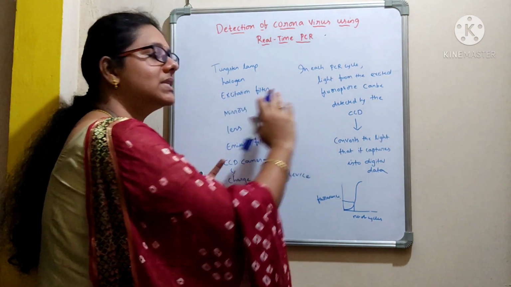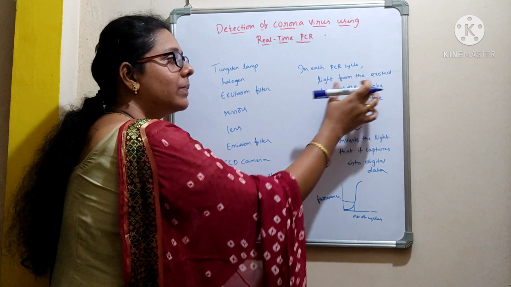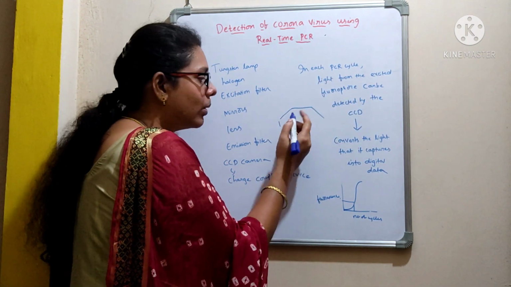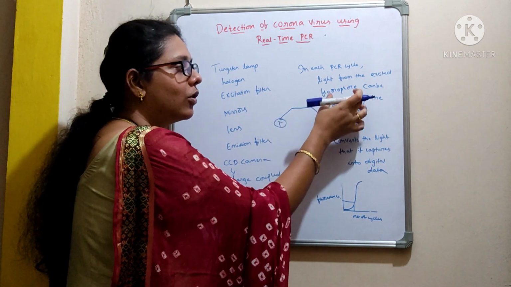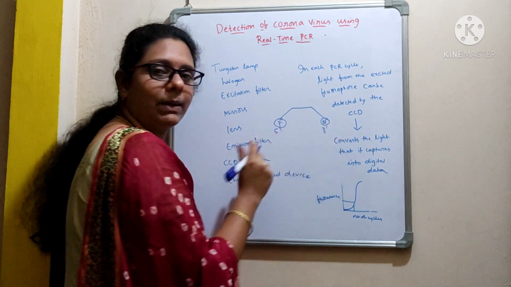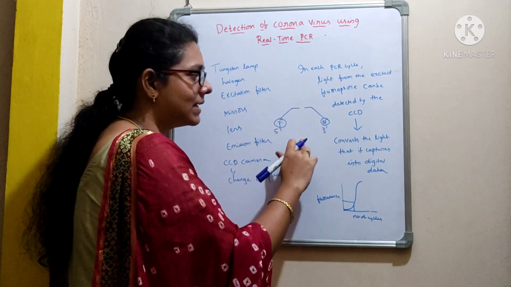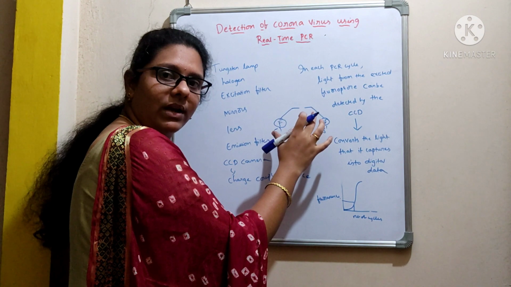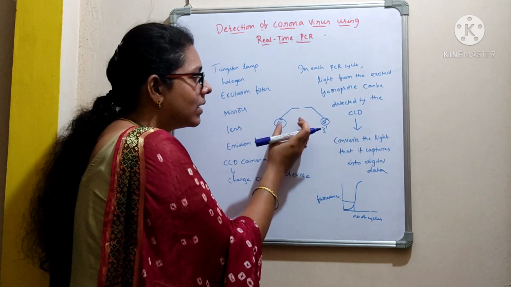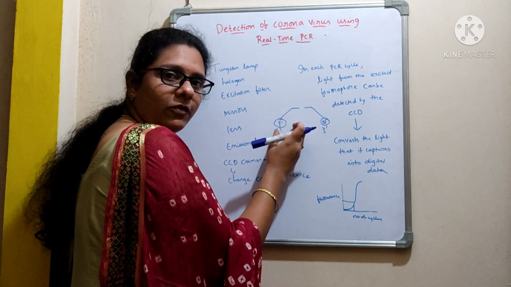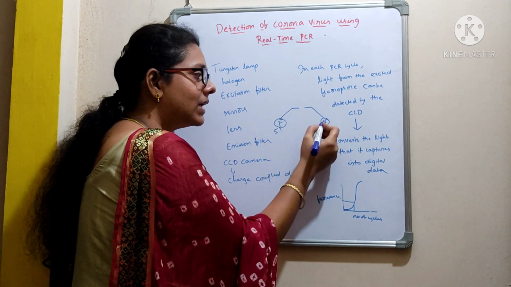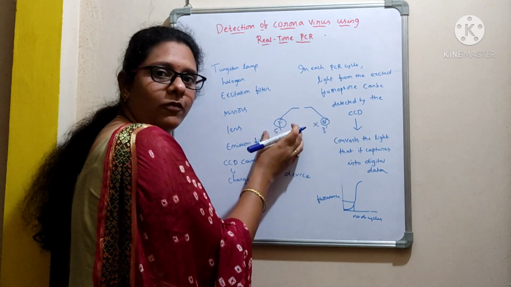So for each PCR cycle, the light from the excited fluorophore, I told you just now, right? This is the TaqMan probe, which will have a fluorophore at the 5' end and a quencher at the 3' end. Once it is lysed, that is, once it is broken down by the DNA polymerase as a part of synthesizing the DNA, the quencher can no longer inhibit the activity of the fluorophore, because they are not in contact with each other.